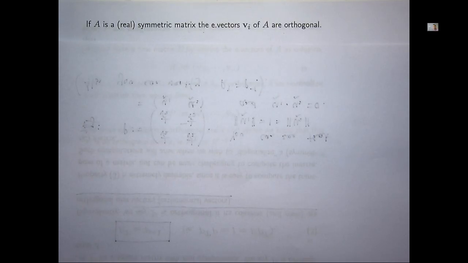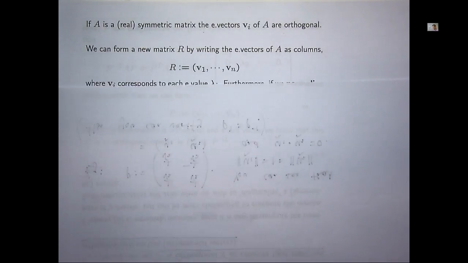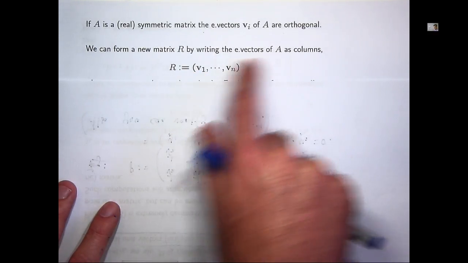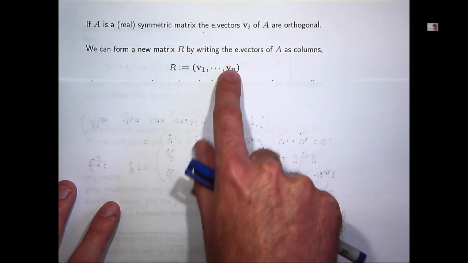For symmetric matrices, the eigenvectors are either orthogonal or we can choose them to be orthogonal. So we can form a new matrix, say R, by writing the eigenvectors of A as columns.